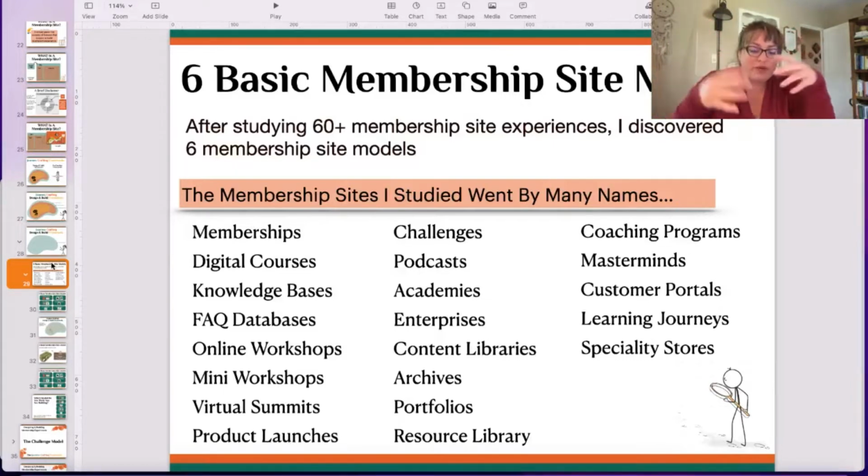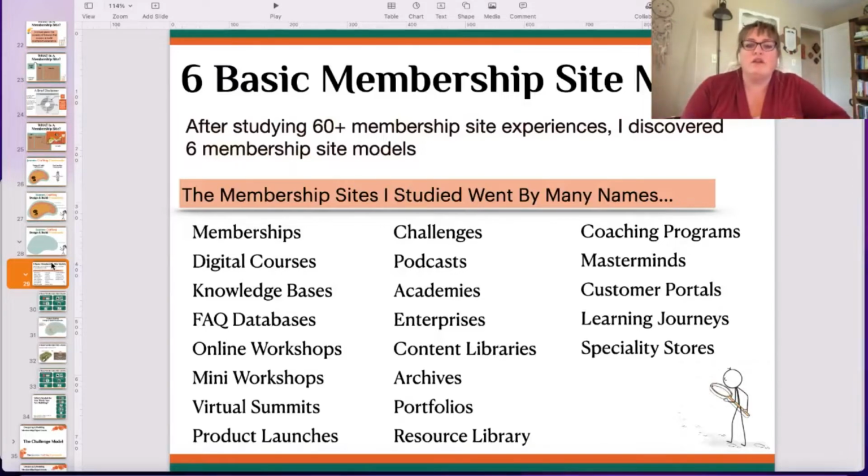So when we start looking at membership spaces, I have studied, this is actually a much bigger number now, but when I did this presentation, I had studied about 60 different membership spaces and just did a deep dive on, how are they constructed? What is their purpose? Does it actually accomplish the thing that you're trying to accomplish?